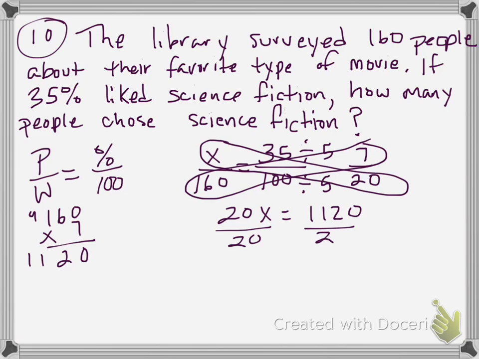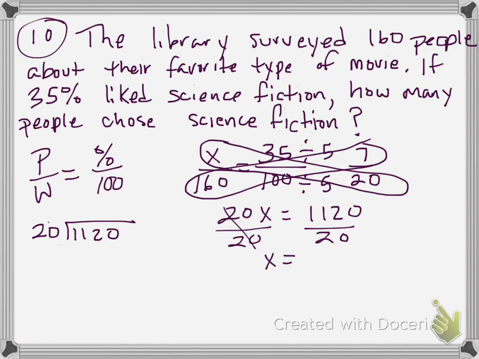and I have to do the same thing to both sides. Those will cancel, and I'll be left with just x. But of course I have to do that long division, so I'm going to make a little space for myself over here, and then I'll do the long division. So 20 into 1,120. Well, 20 doesn't go into 1, it doesn't go into 11, but it would go into 112, and it would go 5 times, which would give me 100.